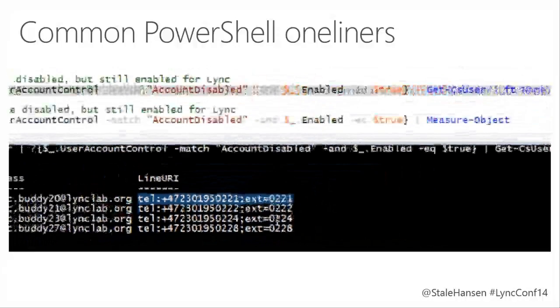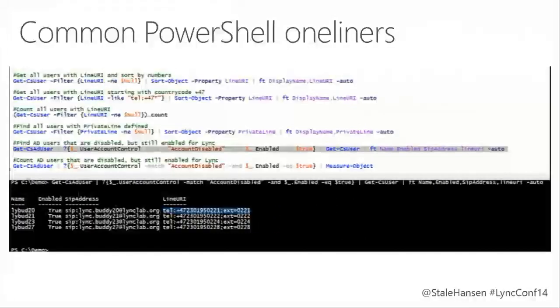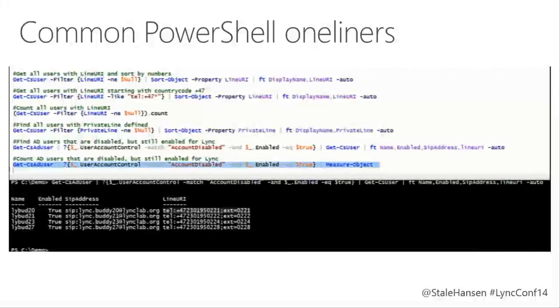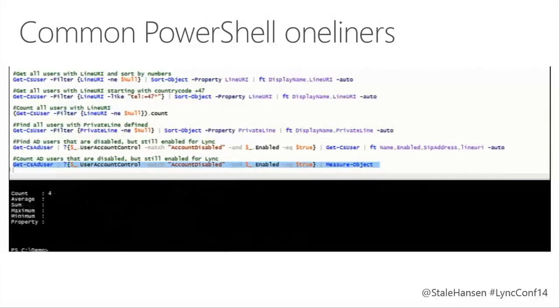So I use Get-CsAdUser, which is a Lync cmdlet, and I check if the account is disabled, and I find the users that have a line URI. You can also measure that by piping into Measure-Object, and you get all the users not enabled, that are disabled in Active Directory, but still have a line URI.